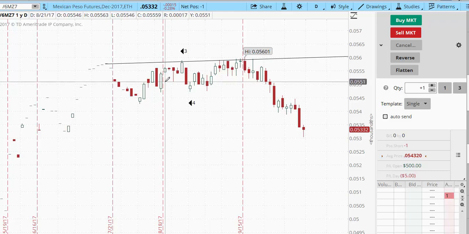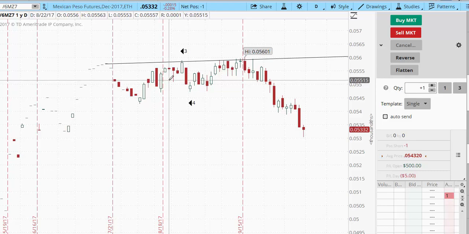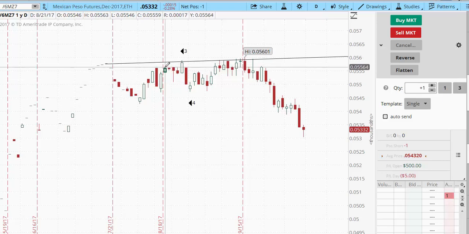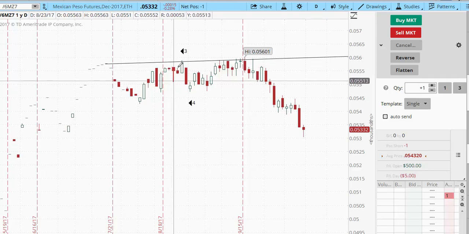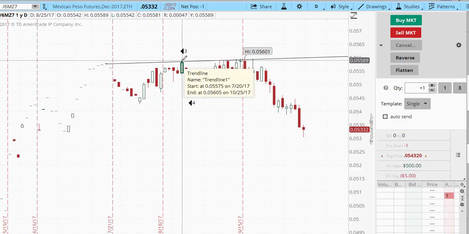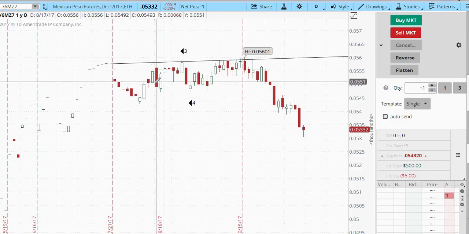Let's take a look. It's easy to screw up in this, so you got to do this carefully. Look at the high here, 55.63, 55.63. So you can say that this is a high, this is a low, this is a high. Okay, let's take, what was this high here?